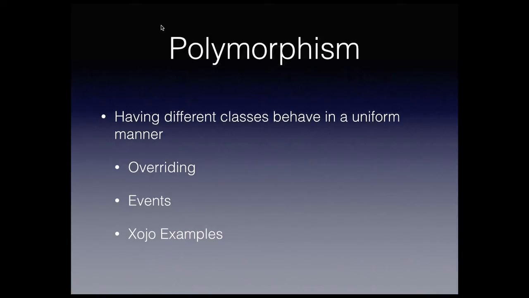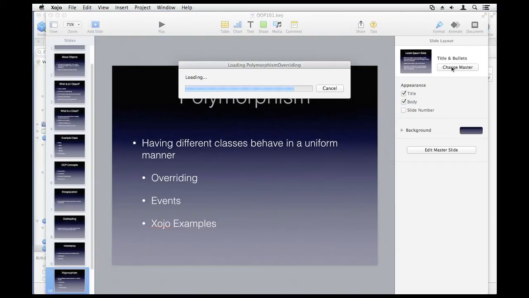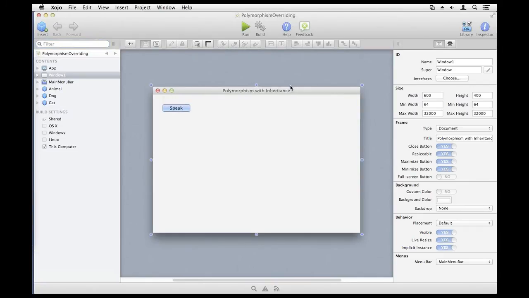So let's take a look at a couple of Xojo examples. First, we're going to look at the overriding example. This example is pretty simple. We're just going to have some classes here, and we're going to call them in a way that might not seem completely obvious to you, but there's a lot of power in this technique.